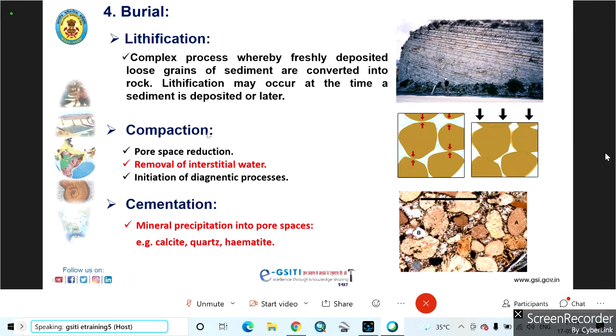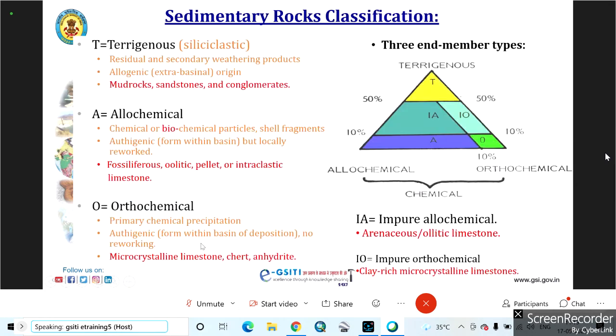After that, there is compaction, by which there is pore space reduction, removal of interstitial water, and the initiation of the diagenetic process. That means there is the formation of new minerals like authigenic ones, the starting of formation of chemical solution, and then after formation of the chemical solution, they precipitate in the void spaces, interstitial spaces, and those main minerals are calcite, quartz, and hematite.